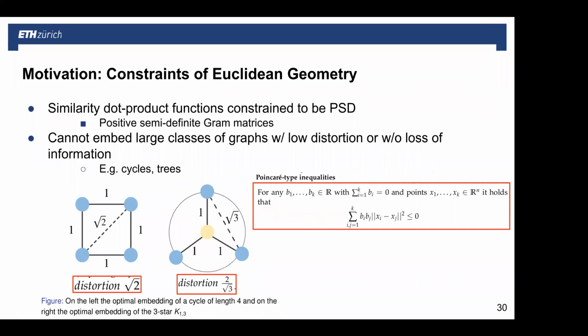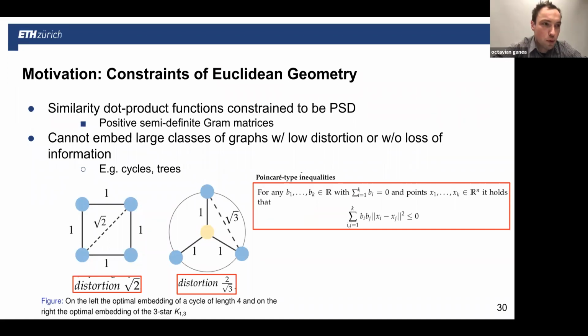Yes, the shortest path. One very simple way to see that it cannot be preserved is that it's not going to satisfy the triangle inequality, in the sense that the distance between the two opposite nodes is actually the sum of the two distances in the triangle.